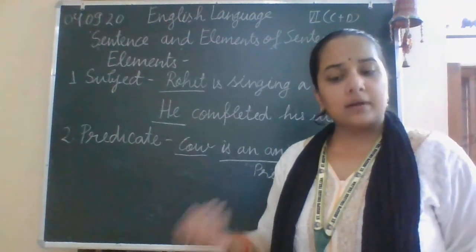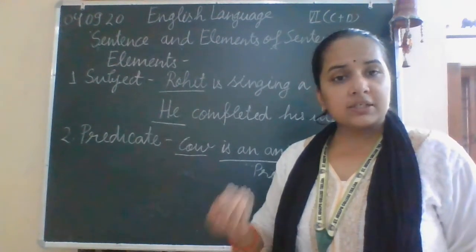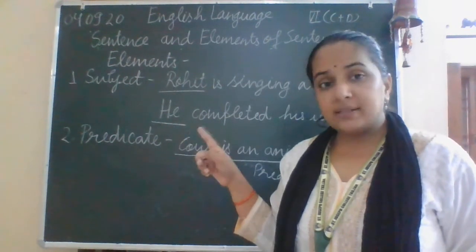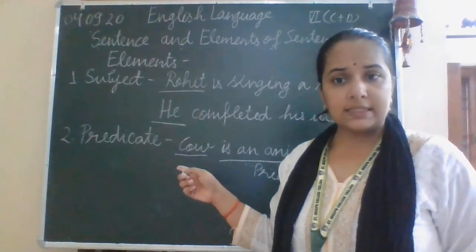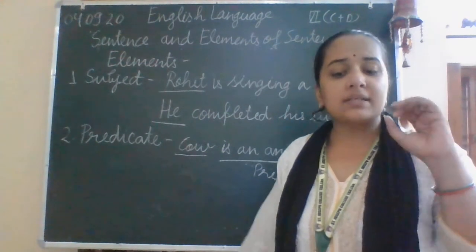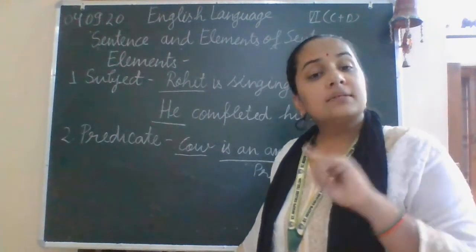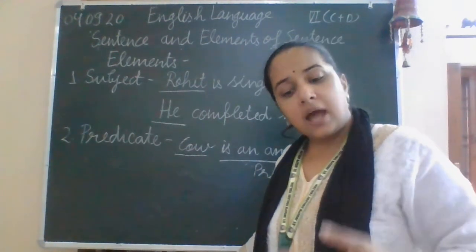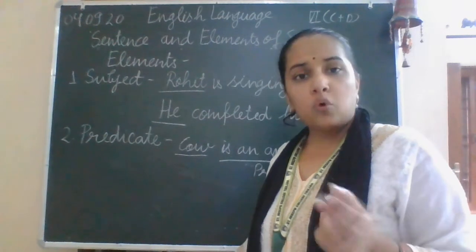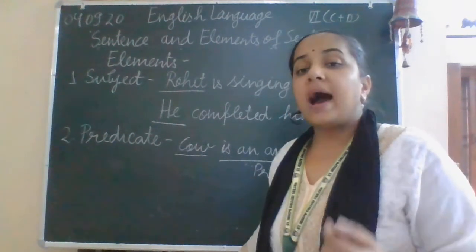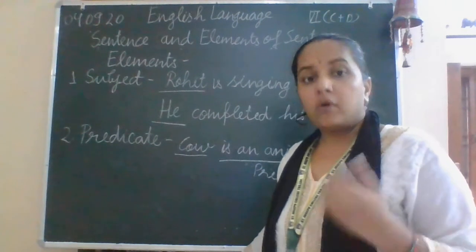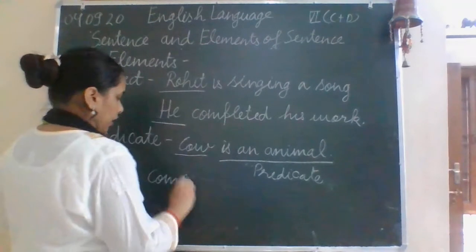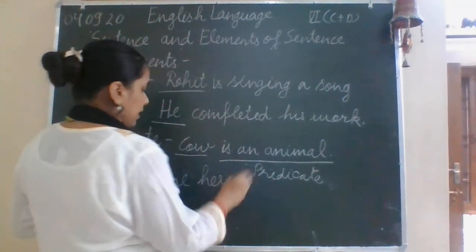Sometimes when there are commands, the subject is left out. As we have discussed about command sentences just before this, whenever there is a command, the subject will not be there. The sentence will start with the verb. So only the predicate will be there and the subject is understood. For example, I'm asking you, come here.